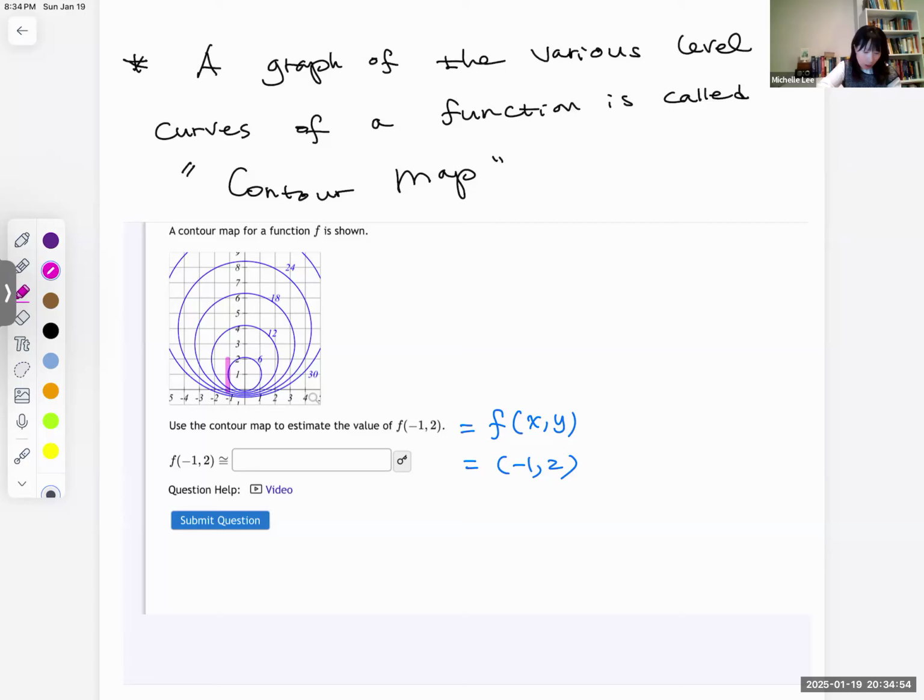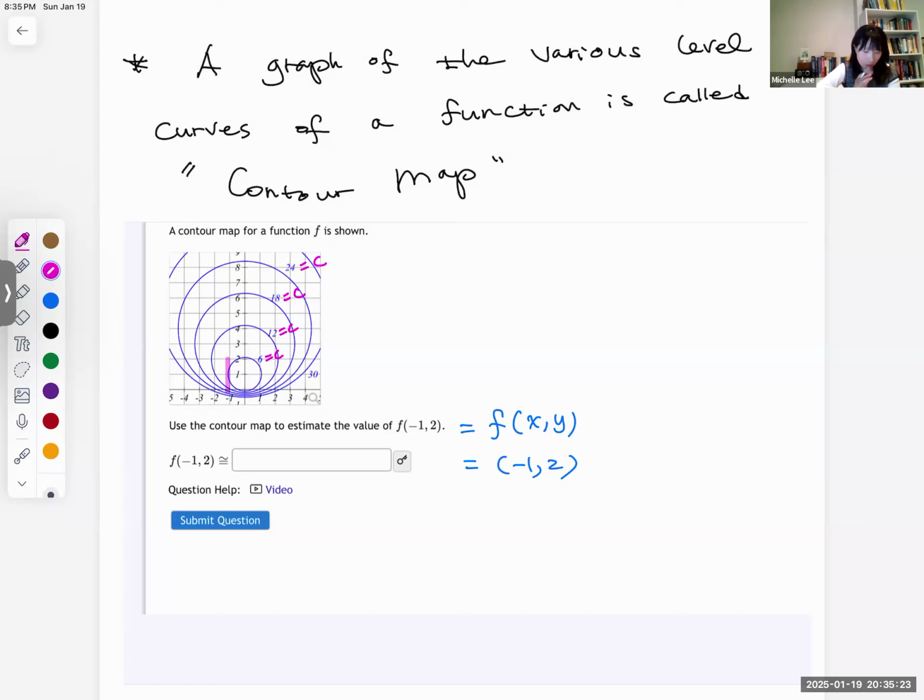Then look, this is a 6. Therefore, the level curve c equal to 6, right? That means, right? So that number, that is okay. C equal to 6, C equal to 12, C equal to 18, C equal to 24. And missing numbers between there, right?